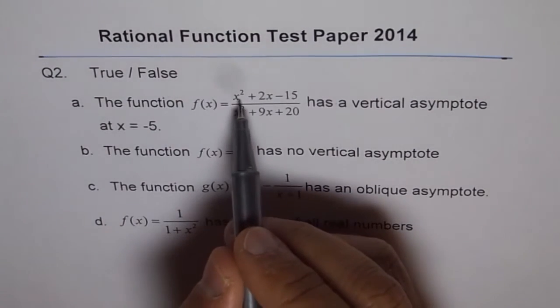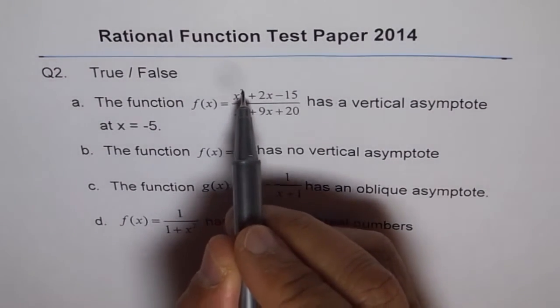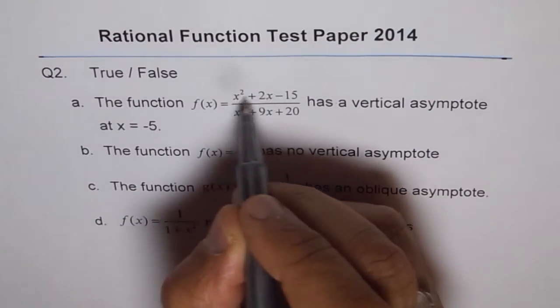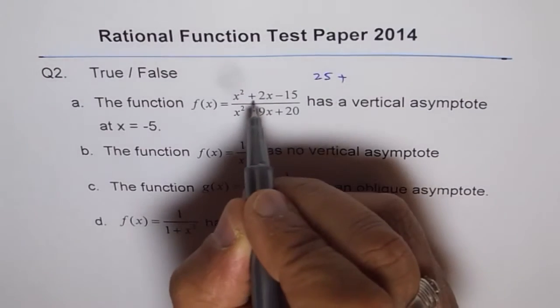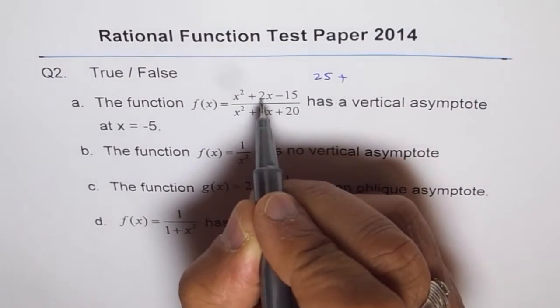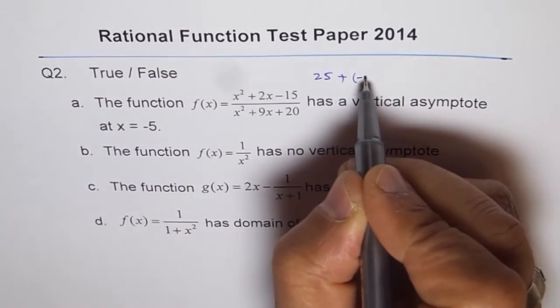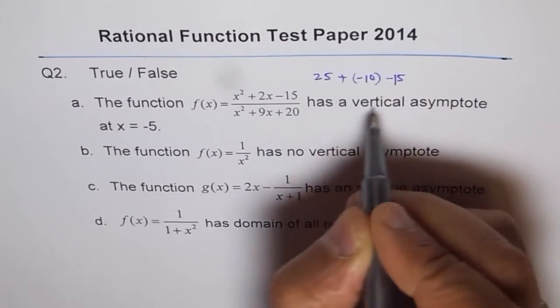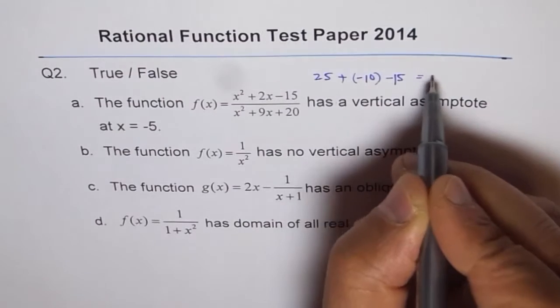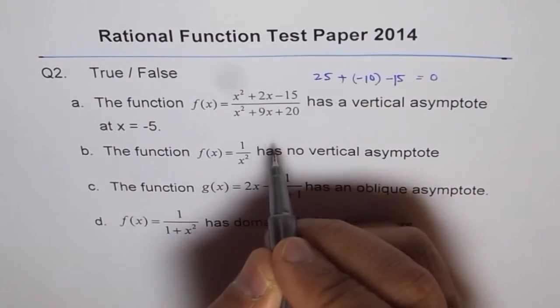So if I plug in minus 5, then minus 5 squared is 25. So let me calculate the numerator here. 25 plus minus 5 times 2 is minus 10, and then minus 15, correct? So that gives me 0 in the numerator, right? How about the denominator?